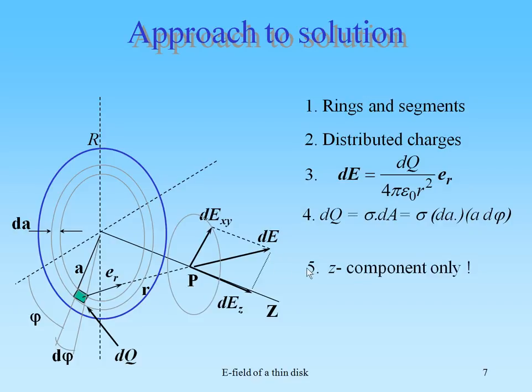We have the z component only, and this means that dEz is dq over 4 pi epsilon naught r squared times the scalar product of er and ez, only the component along the z direction.